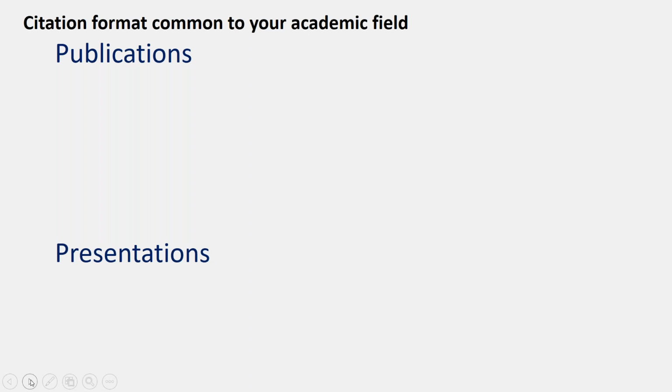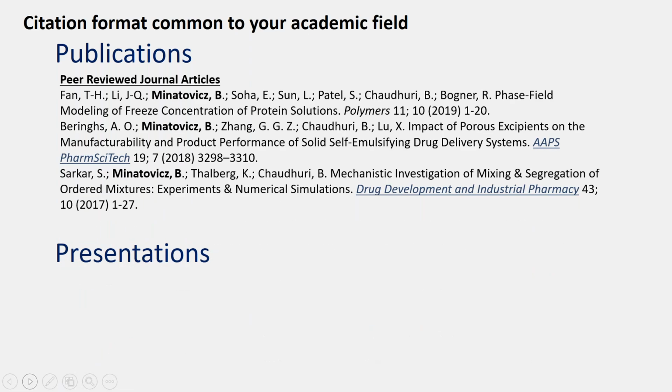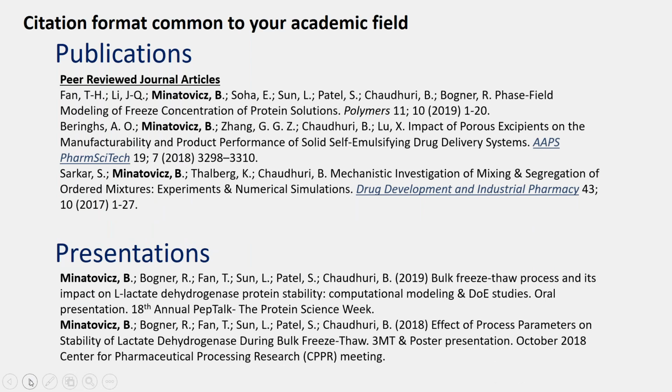All right, publications and presentations are very central to a CV as they feature your research. In the CV, you'll want to use the citation format that is common to your academic field. You can also create categories within your different sections here.